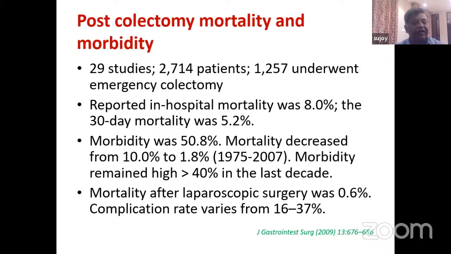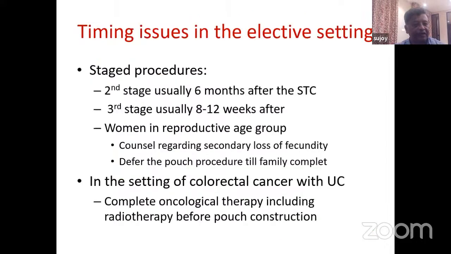And also the occurrence of adhesive intestinal obstruction has decreased after the use of laparoscopic surgery, but for both the subtotal colectomy, the first stage, and the later stages of reconstructive surgery. But these are the timing issues where emergency was involved.